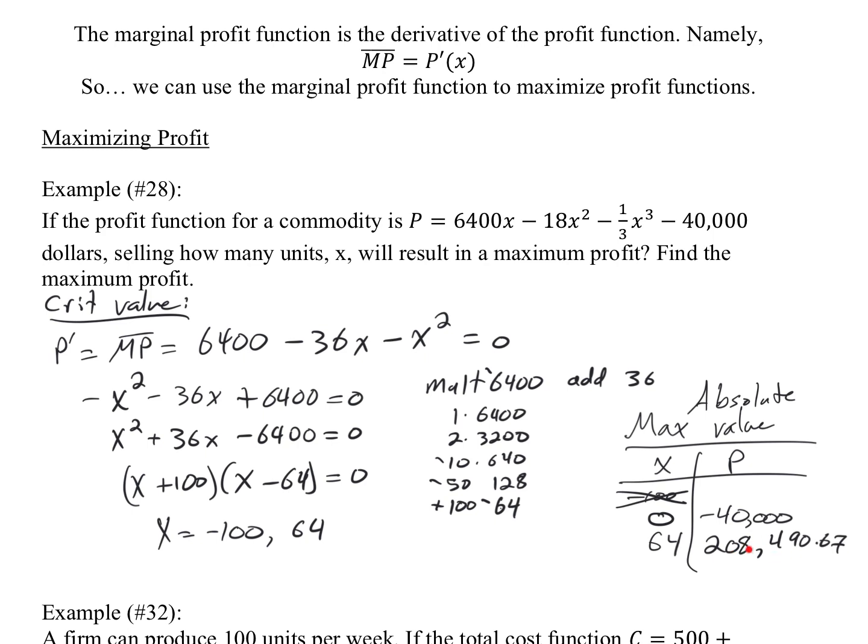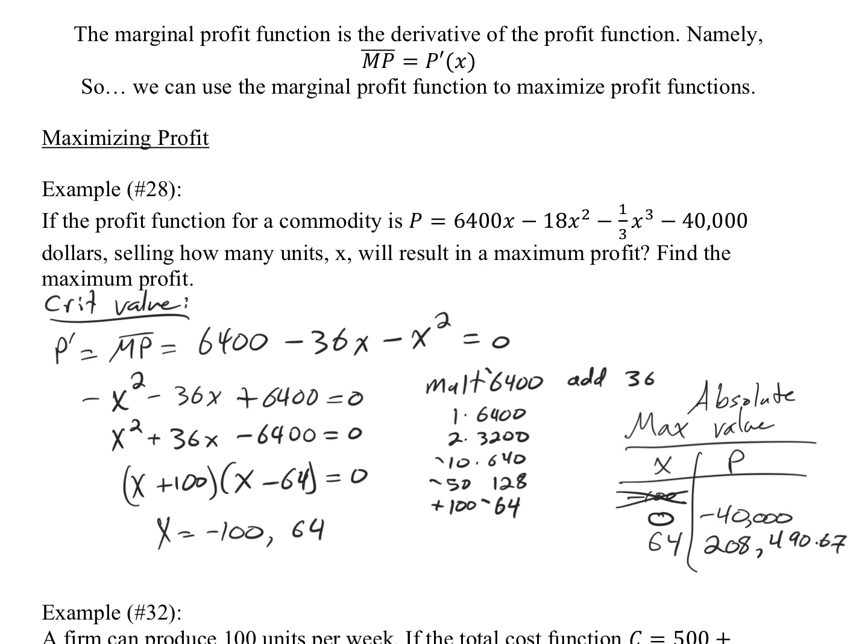You can show that this is a maximum either by doing a first derivative test on the critical value of 64, you can do a second derivative test on the critical value, or we could pick another value that's beyond 64, plug that into the function, and see, does the function actually increase beyond this value? If the next value we pick, any number bigger than 64, so we could pick 70, ends up with a smaller profit than this, then yes, 64 is the absolute maximum of this function.